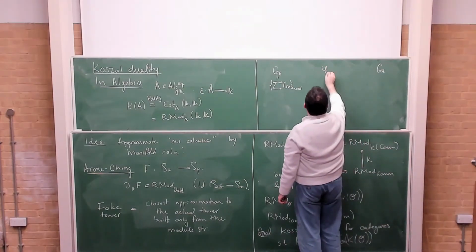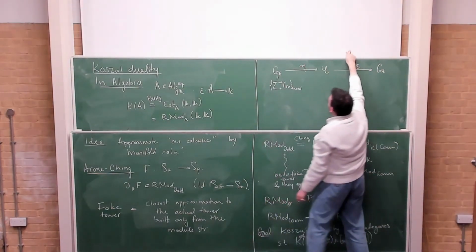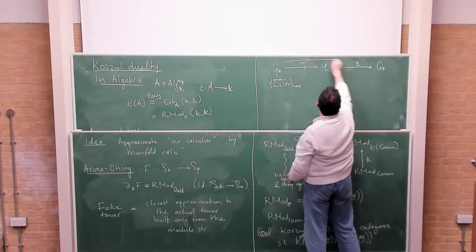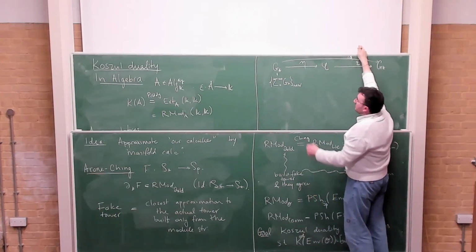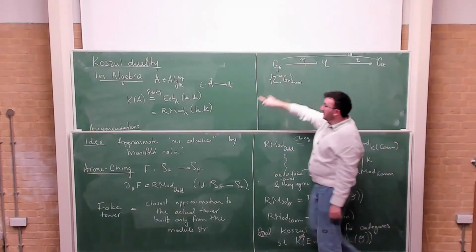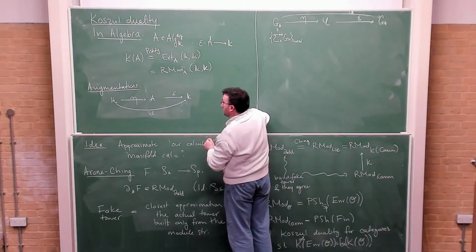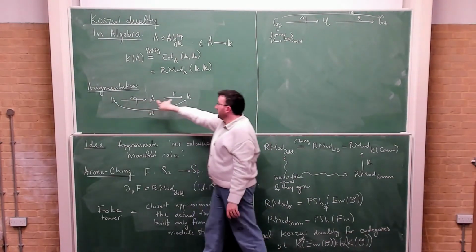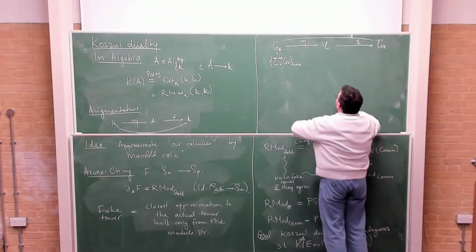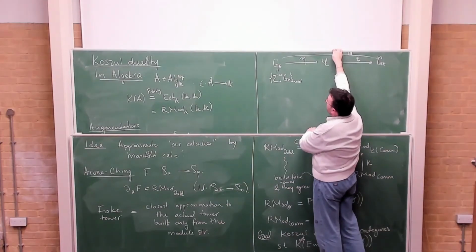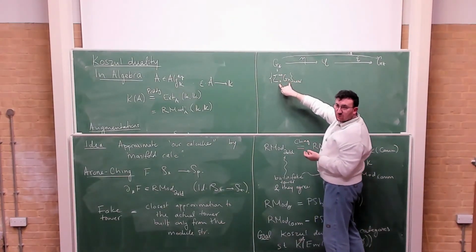So I want some category C, and I want some maps like this, such that the composite is the identity. So I need this map to somehow be canonical. This ring map was canonical, and the augmentation would just be that identity. So to get a canonical map here, I can just ask that it be the identity on objects, and that it be the identity on endomorphisms.